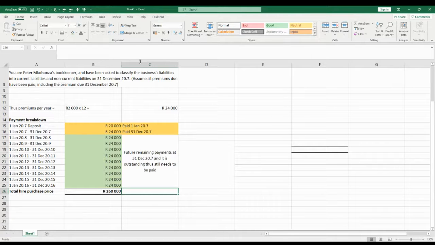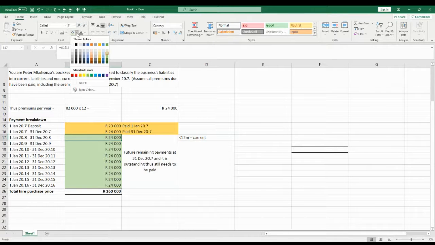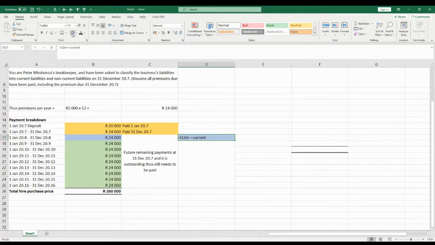But now, what do they want to know? They want to know what is current and what is non-current. We said when something is current, it will occur in the next 12 months. So this first 24,000 is actually current because it will occur in the next 12 months from year end, from 31st December 27. So 12 months is 31st December 2008.